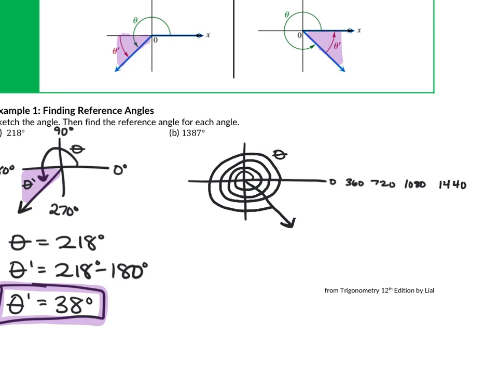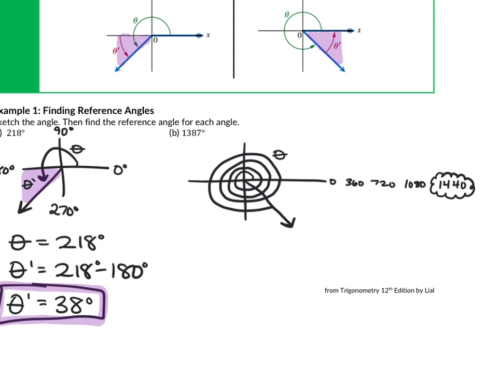Since it's in quadrant 4, my formula says 360 degrees minus theta. Well, obviously, 360 isn't big enough, but 1440 is big enough. So I'm actually going to use this multiple of 360 to subtract my value so that I can figure out the reference angle.